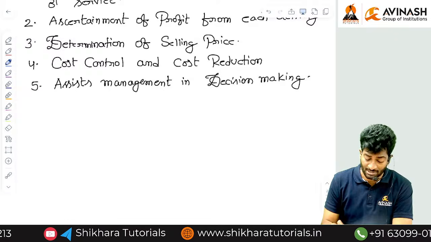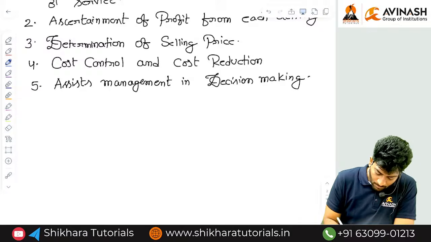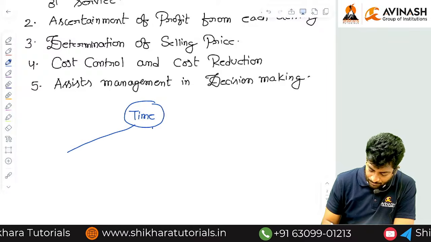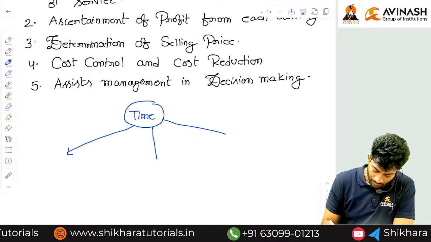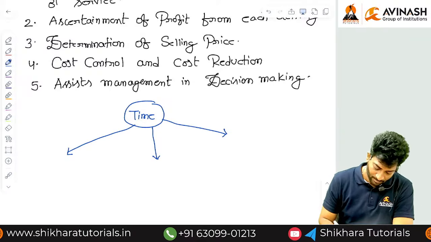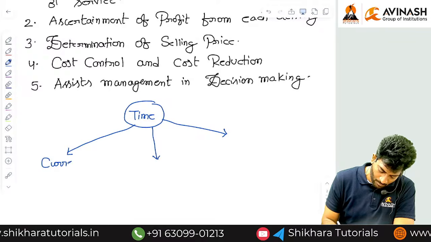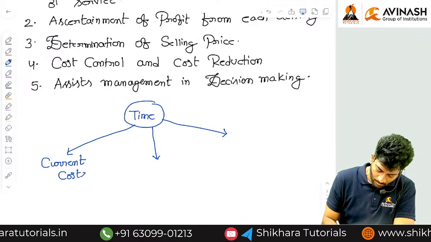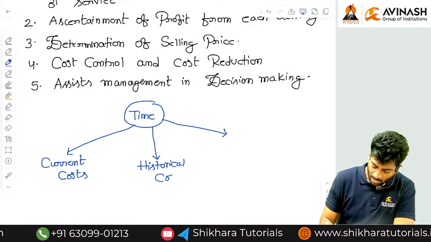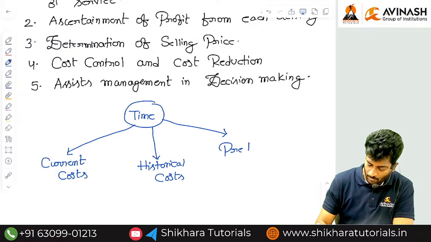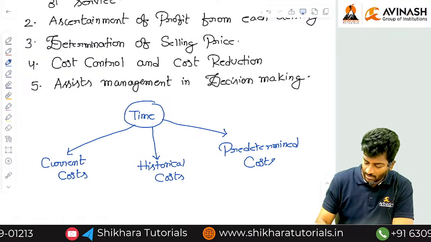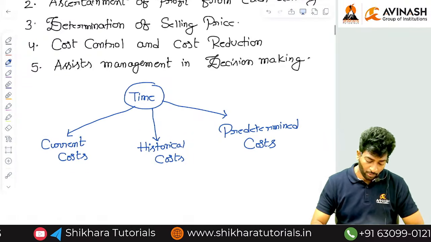Say, for suppose, based on time, costs are classified into current costs, historical costs, and predetermined costs. Now tell me, what do you mean by this current cost?